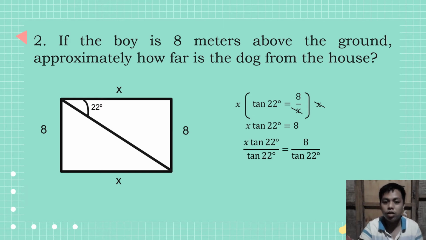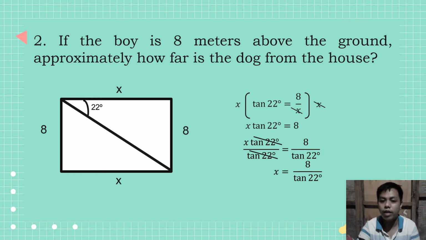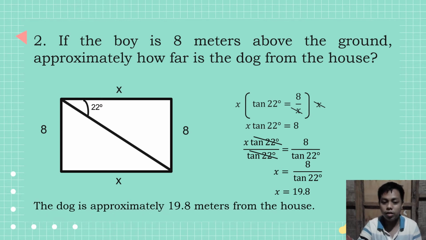Then divide both sides by tan 22 degrees, so we cancel tan 22 degrees on the left side of the equation. And the result is x is equal to 8 over tan 22 degrees. The answer is x equals 19.8. So approximately how far is the dog from the house? The dog is approximately 19.8 meters from the house.